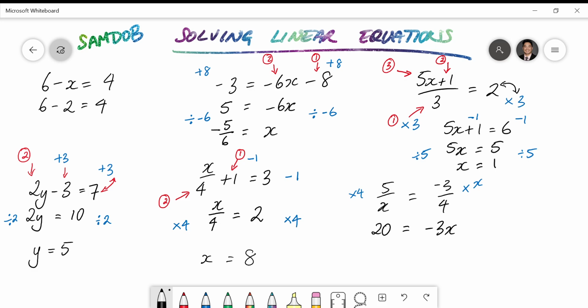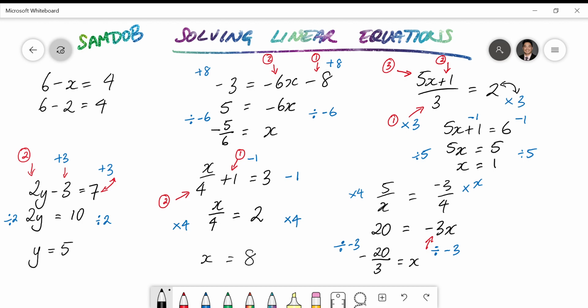Lastly, we want to get rid of the minus 3. To get rid of that minus 3, we want to divide by minus 3, because it is multiplied to the x. And balancing both sides, we want to do the same thing to this side. So 20 divided by minus 3 gives you minus 20 over 3.